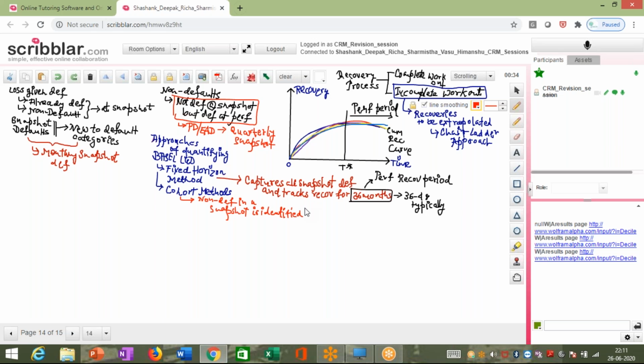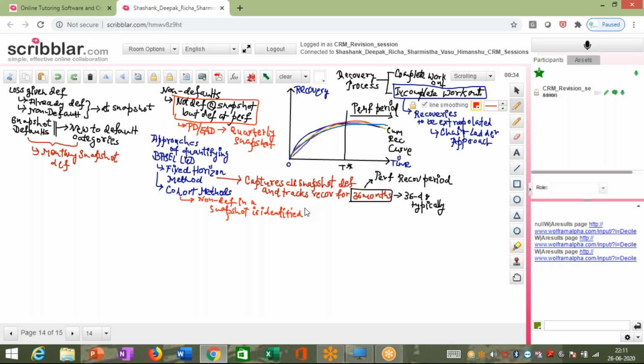So over here you need to also identify how to calculate a downturn LGD. So over here, your Basel LGD is the max of the two LGDs.